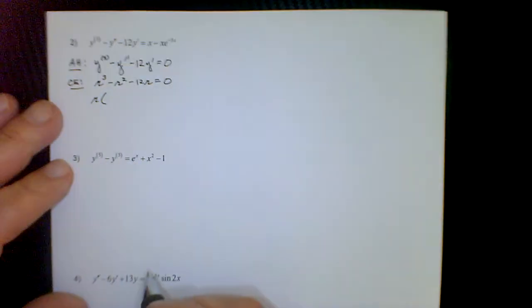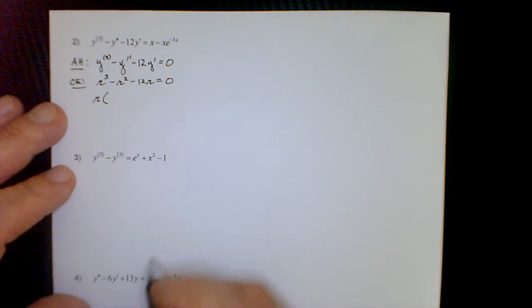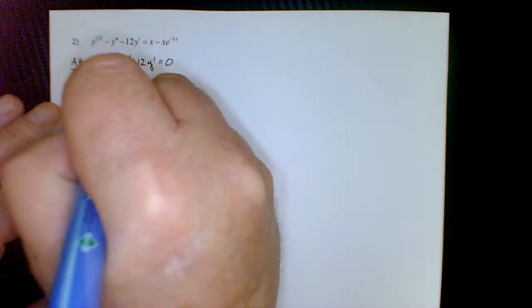Characteristic equation, r cubed minus r squared minus 12r is 0. Factor an r. We're left with r squared minus r minus 12 is 0.